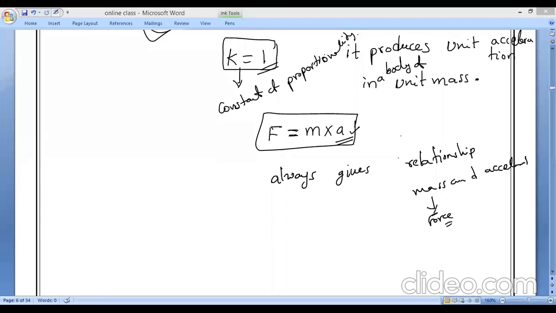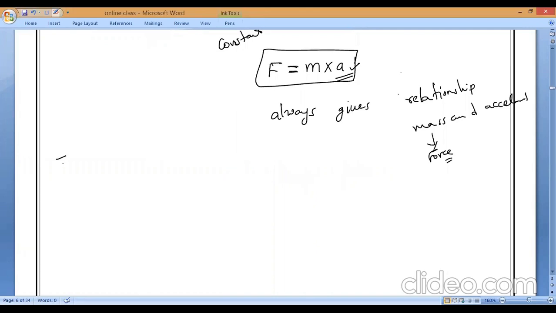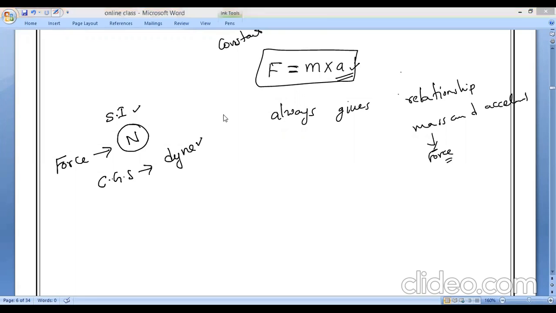Now, as we already know the units of force, what is the unit of force, guys? That is what we call Newton. That is the SI unit. And in the same way we all know the CGS unit also. What is the CGS unit? Dyne.